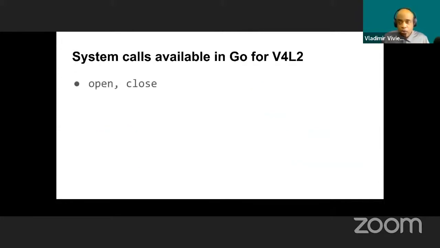Well, you have open and close, which we do all the time if you've ever created or opened a file in Go. But we also need a specific system call that Video for Linux relies on a lot, which is IO control, and we'll take a look at that. Map and unmap. Now, these two system calls I had never used before, but luckily they are well supported in Go.